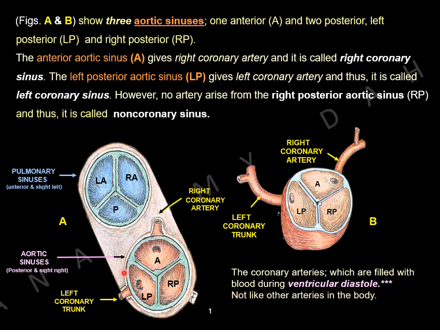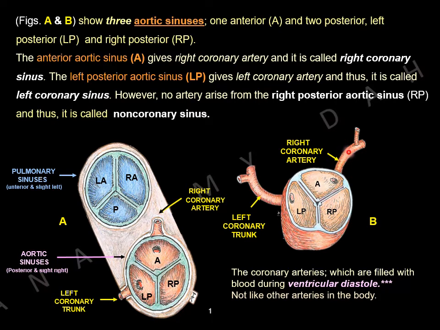In the aortic opening, as we have mentioned earlier, we have three aortic sinuses, one anterior and two posterior, the right posterior and left posterior aortic sinuses. We are going to see the same sinuses in diagram B. This is the anterior aortic sinus. This is the right posterior aortic sinus. This is the left posterior aortic sinus.